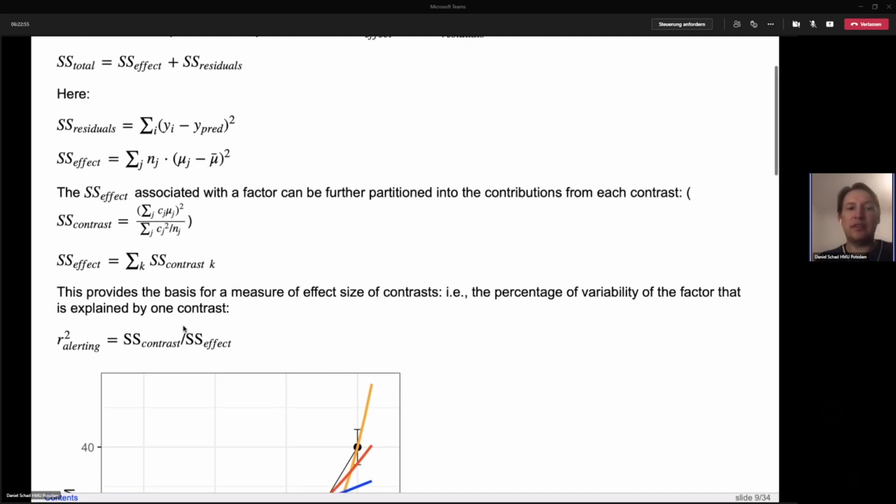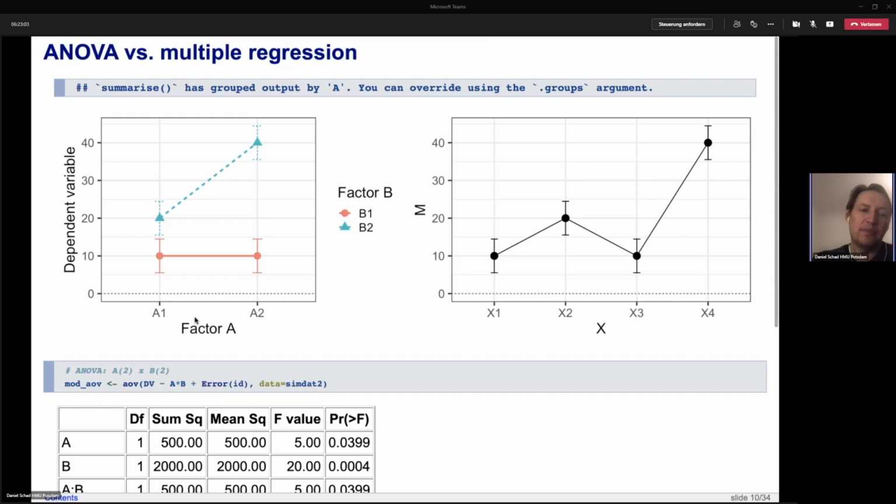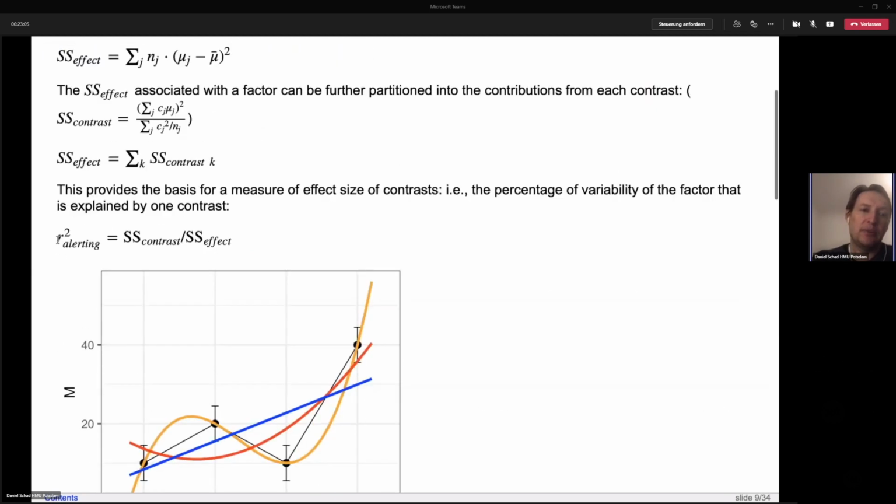So this provides a basis for a measure of effect size. We can just compute the percentage of variability of the factor that is explained by one contrast. That's called R squared alerting.